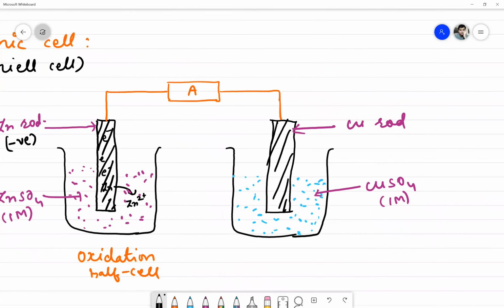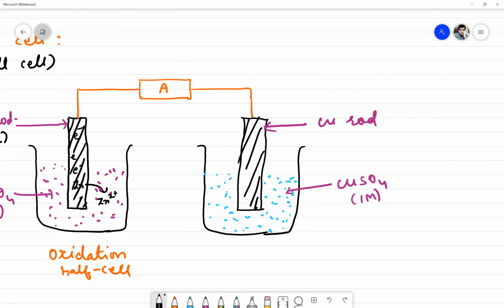On the other hand, the copper rod acts as the cathode, and the reduction reaction takes place in which copper 2+ ions from the solution get deposited at the copper metal rod. They consume the electrons and change to copper metal. So here there is a deficiency of electrons, and because of this it is considered the positive electrode.